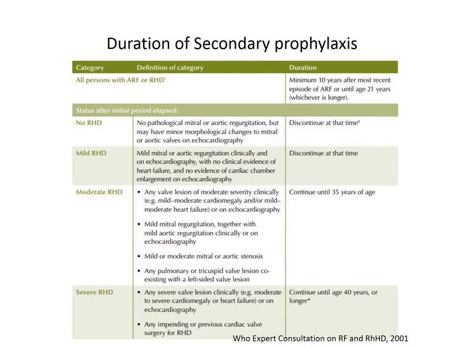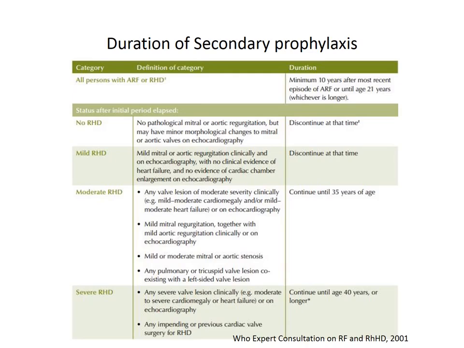In all persons with acute rheumatic fever or rheumatic heart disease, there is a minimum of 10 years after the most recent episode of acute rheumatic fever or until the age of 21 years, whichever is longer. So if a 10-year-old boy, for example, gets acute rheumatic fever, you're going to give him prophylaxis until he is 20 years old, and he gets no other attacks and he has no rheumatic heart disease, then he is doing well.